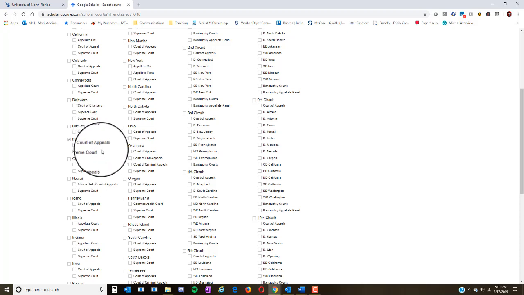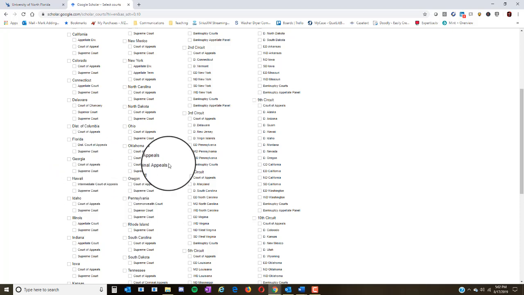So on the state level, you have trial courts with no opinions generated for use in other courts as precedential. But you do have courts of appeals, and then we also have the Florida Supreme Court.